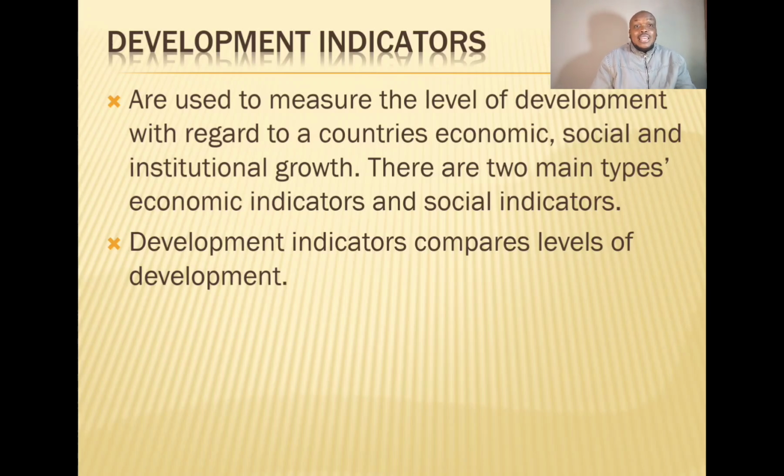Then, in order to understand development, we are going to discuss development indicators in detail. What are development indicators? Development indicators are used to measure the level of development with regard to countries' economic, social, and institutional growth. There are two main types of development indicators: economic indicators and social indicators.